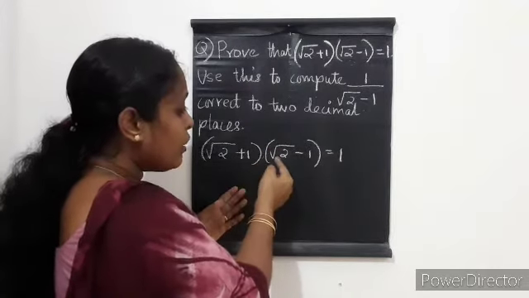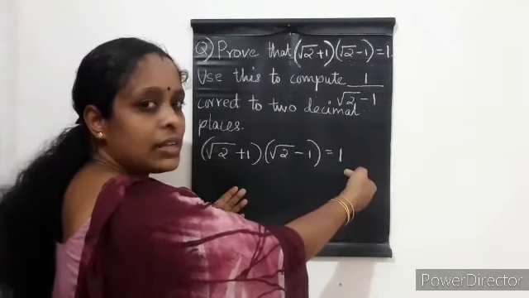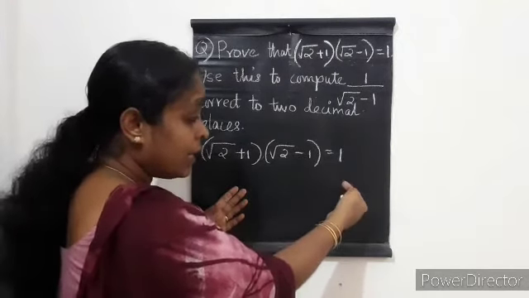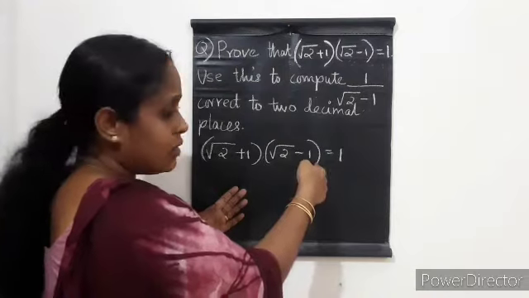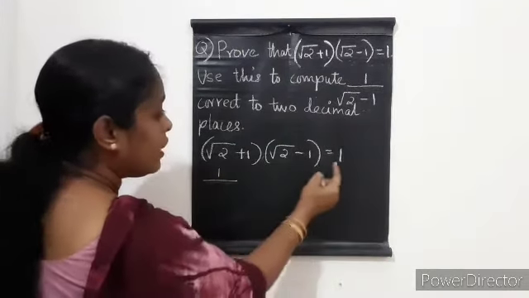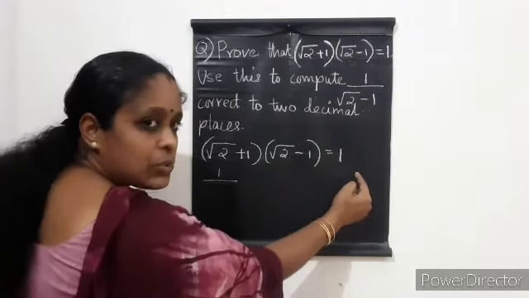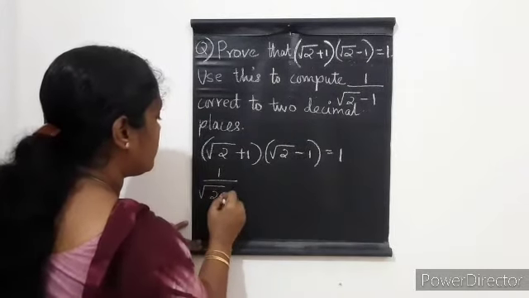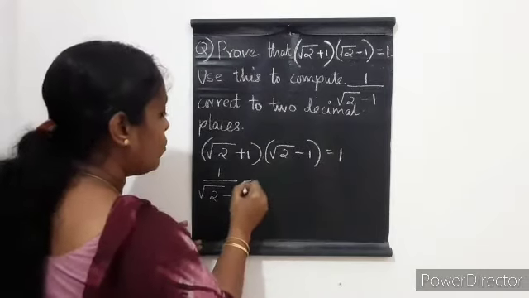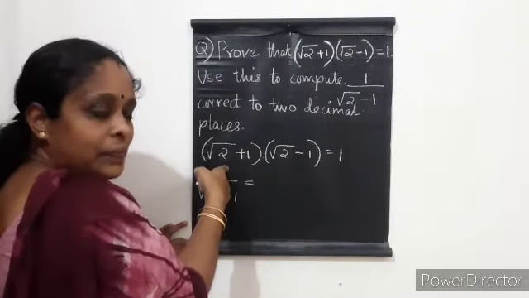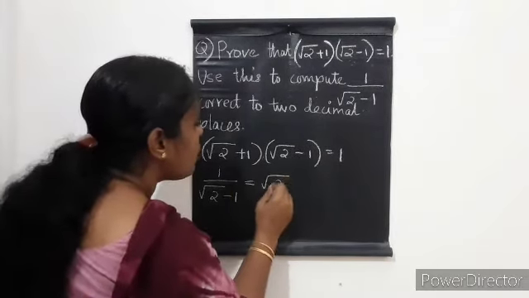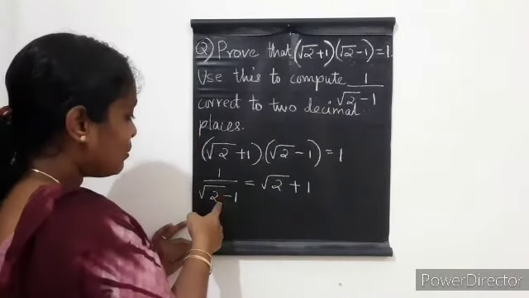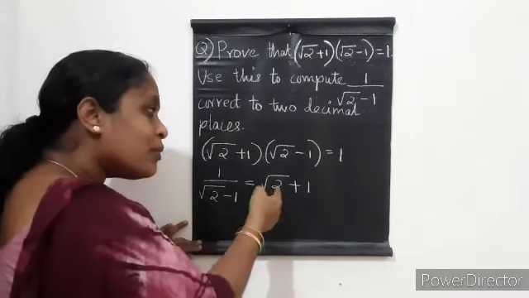So if we take this into the right side, what we get? 1 by root 2 minus 1. And this is equal to what remains here? Yes, root 2 plus 1. So we got the answer. 1 by root 2 minus 1 is equal to root 2 plus 1.